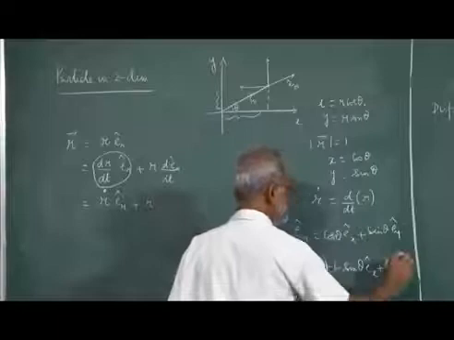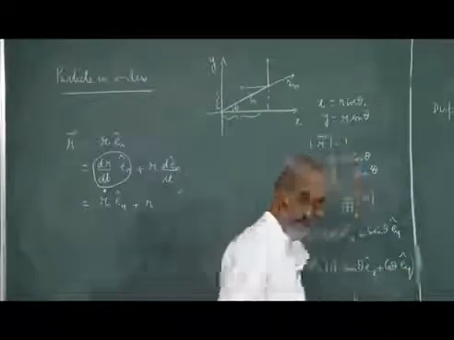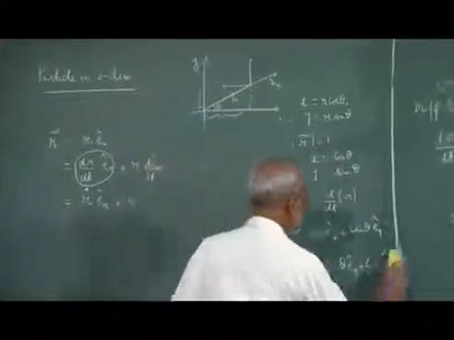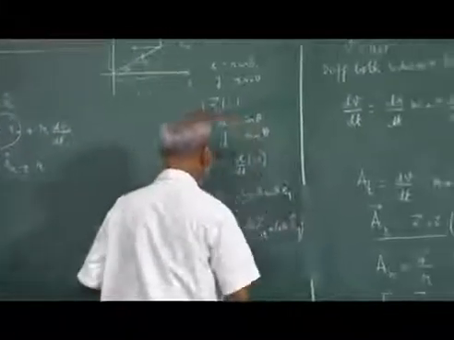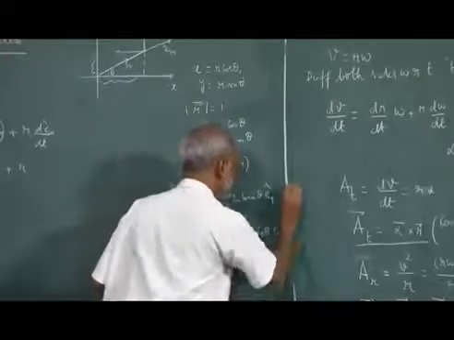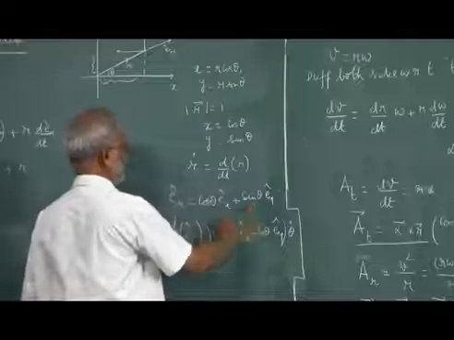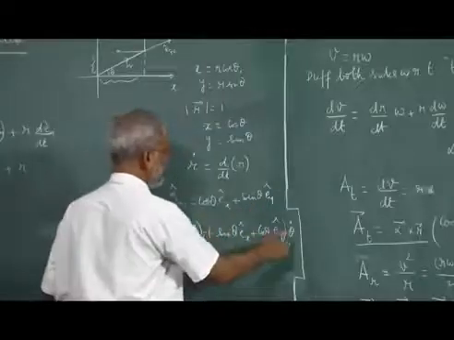Now there is one time derivative I have forgotten, I should write cos theta times theta dot. Similarly here when I differentiate, minus sin theta times theta dot.